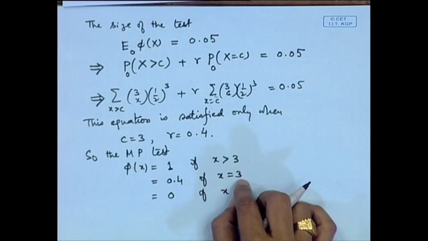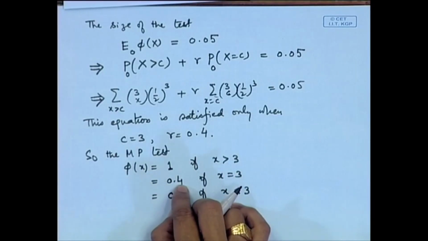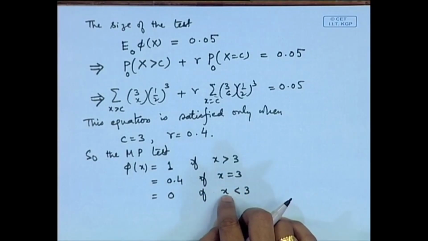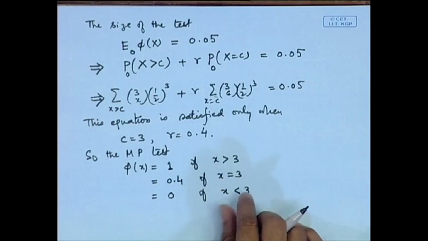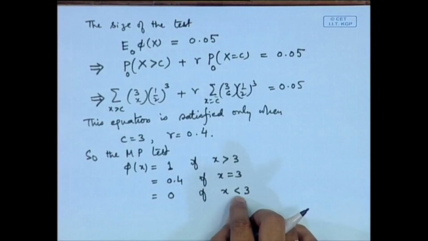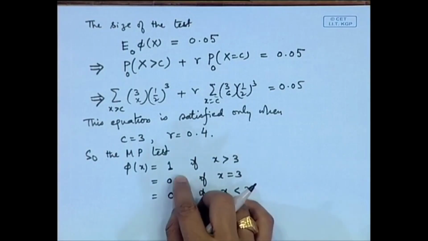Even if x is equal to 3, we are only partially agreeing, that means we are rejecting in favor of H1 only with probability 0.4. That means the test is heavily biased in favor of H0 here, because x is equal to 0, 1, 2, 3. So, you have the rejection only for x equal to 3, and that too with probability 0.4.